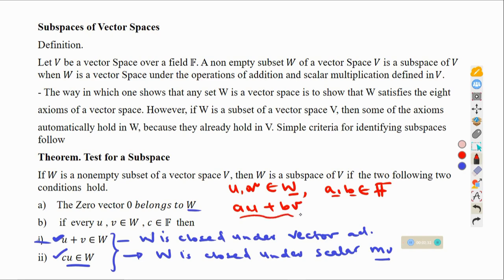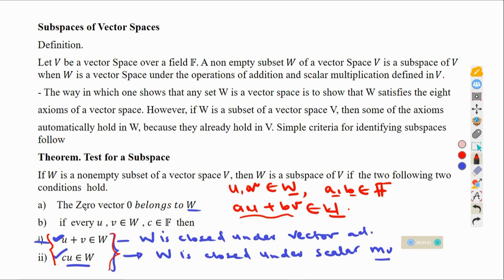If I show that this combination, AU plus BV, is also in W, then I will have proved all the two at once, for vector addition and scalar multiplication.